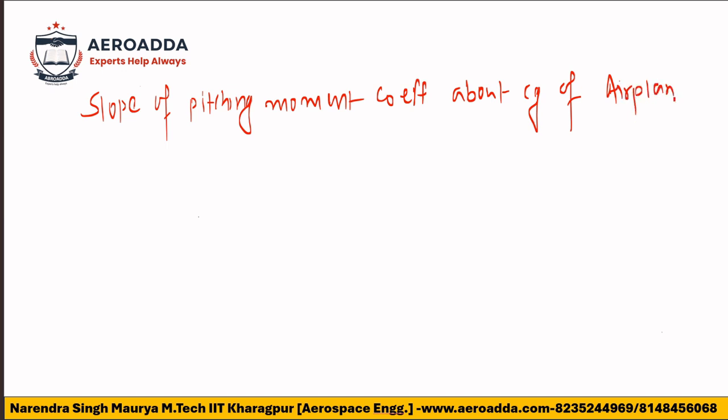This is for the complete airplane. Till now, whatever slope we had written was maybe for the main wing or for the tail. But now we are going to write for the complete airplane.